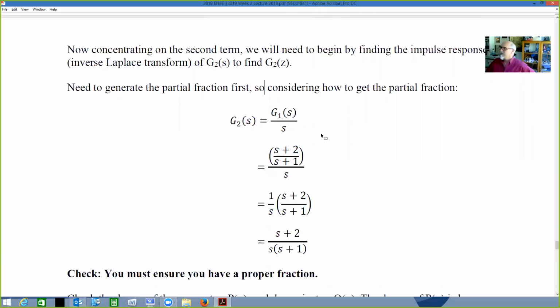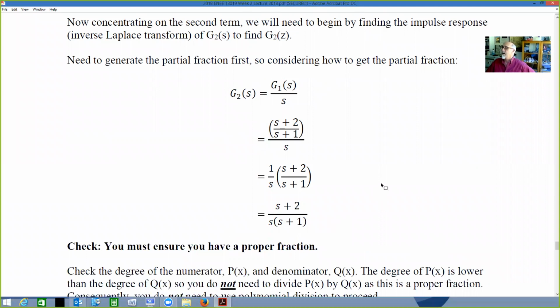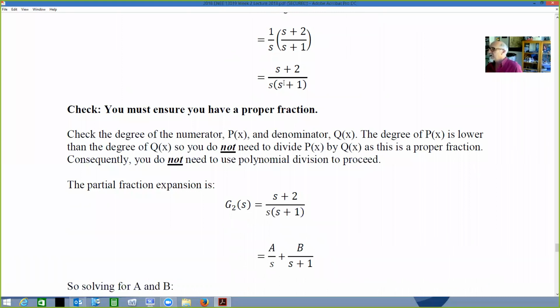So we go through, as you can see, I do every line just to labor the point, but that's our function. Again, hang on, remember, we're going to do partial fractions. So the first thing we're going to do is check to see if it's a proper fraction. So we know that as long as the highest order term in the numerator, it's s, so it's s to the 1.